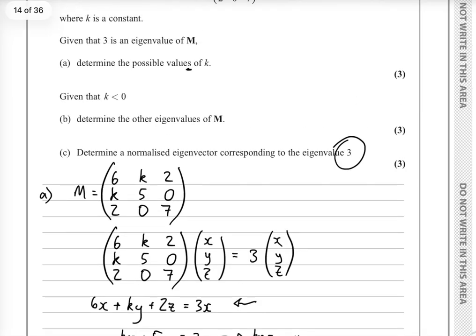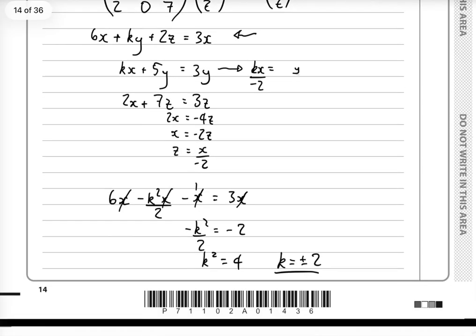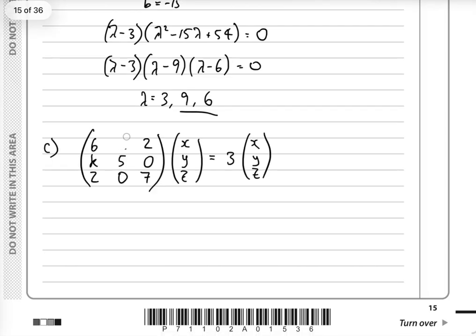Now 3 is the one that we already knew, so you could do part C without getting part B. So we're going to do this same thing here, except now we know what k is, and work out an eigenvector. So I'll take that down with me, except that k is minus 2. So we've got 6x minus 2y plus 2z equals 3x. 3x minus 2y plus 2z must equal 0.